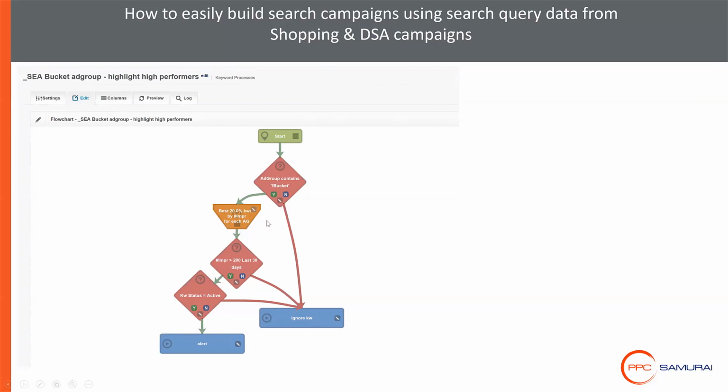Then I've got this nice little goodie here, which is a filter, which we actually find a lot of people don't even realize this exists. Say I only want to look at, out of the bucket, or consider the top 20% of keywords based on impressions for that ad group. So what that would do is, let's say I've got like 1,000 keywords in there.